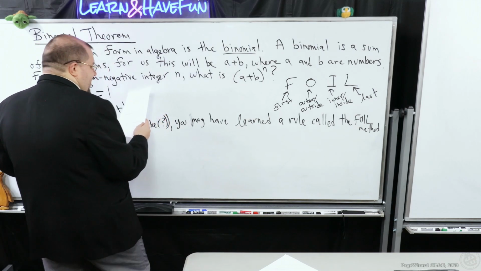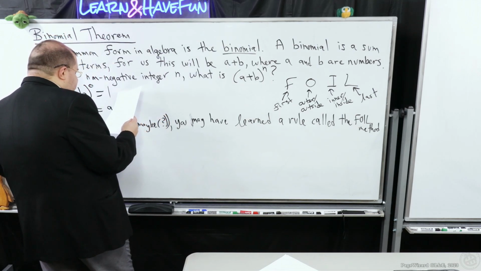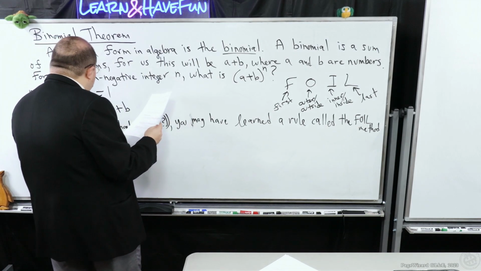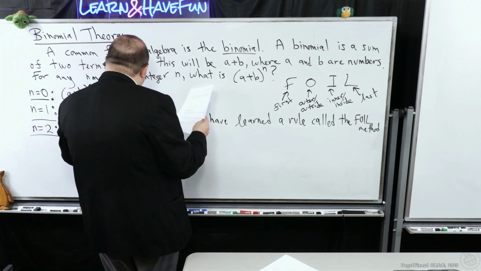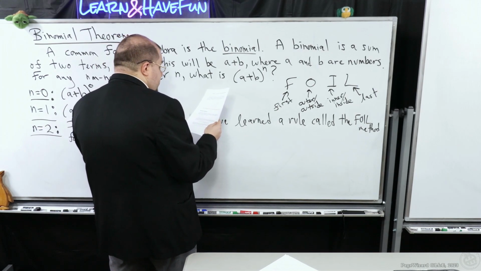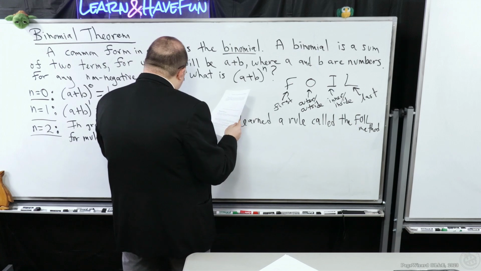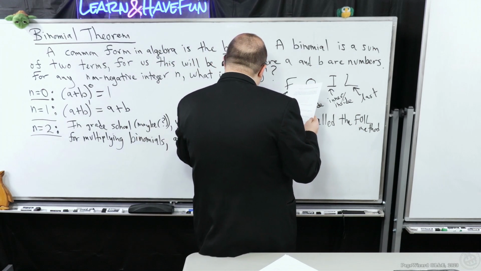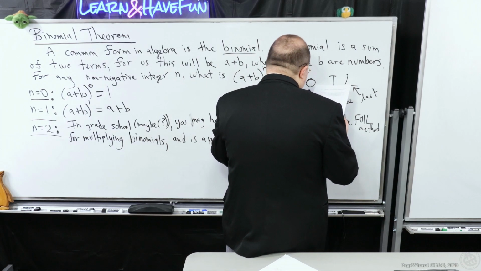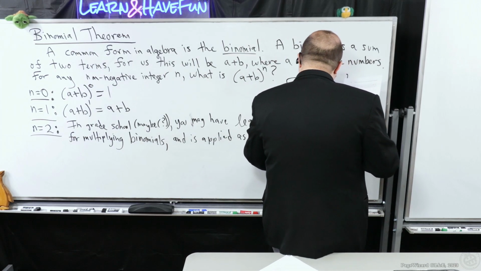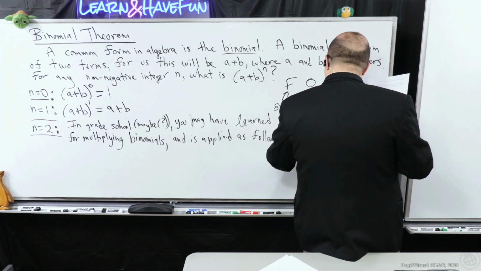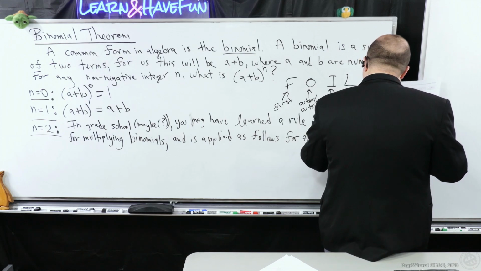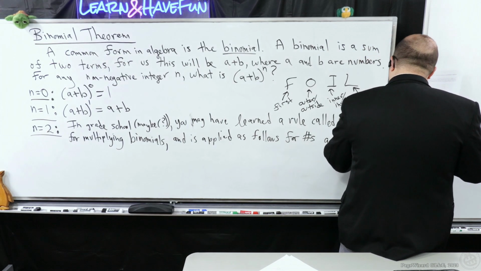So let's talk about this for multiplying binomials. It is applied as follows. Suppose that I have numbers a1, b1, a2, and b2.